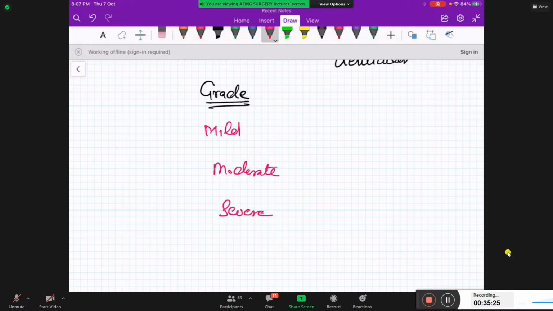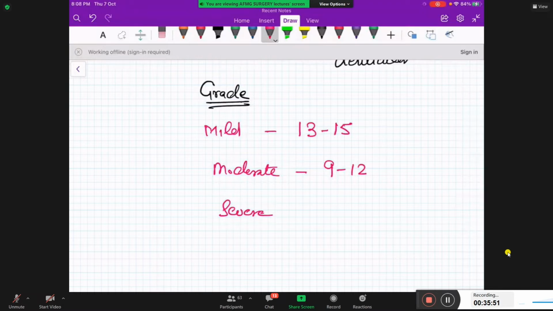Mild is when the GCS of the patient is between 13 to 15. If the GCS of the patient is 9 to 12, it is moderate. GCS is Glasgow Coma Scale. The picture is still to come, don't worry.